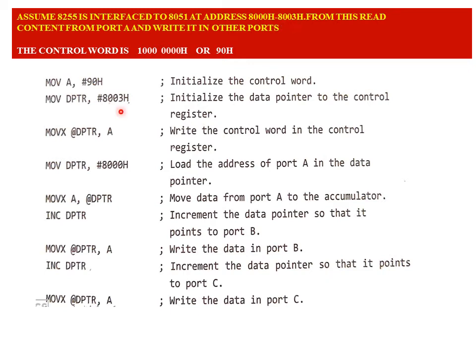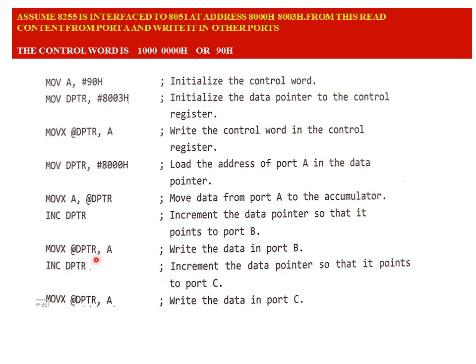Now in the first instruction we are treating the control word, that's why we used the control word register address. Now here port A is considered as an input port. If we increment that, automatically it will point to the port B register. Then the port B data is going to be written.